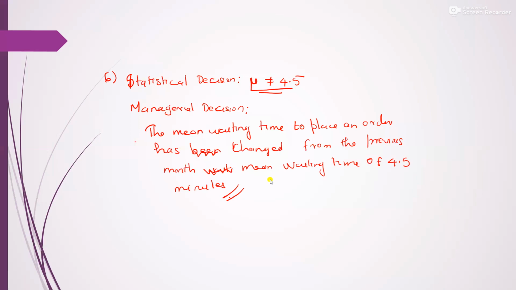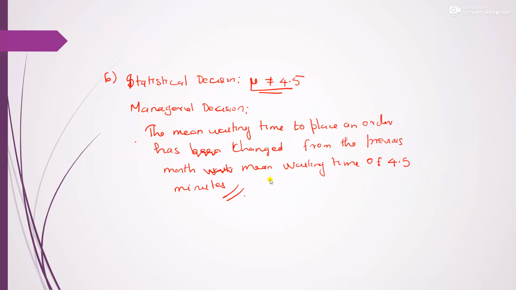But we don't know whether the time is less than 4.5 or greater than 4.5. We cannot say that. Now can we say whether it increased or decreased? Anyone? Unmute the mic and say whether this waiting time has increased or decreased.